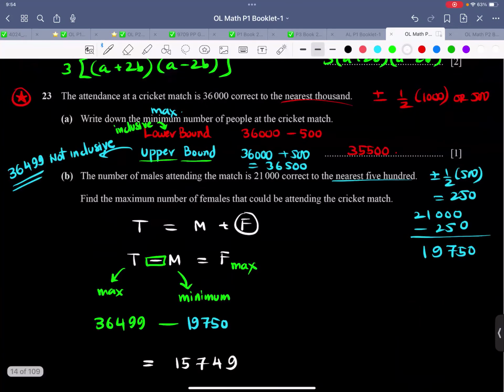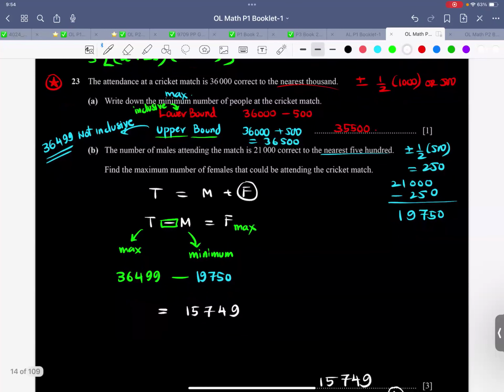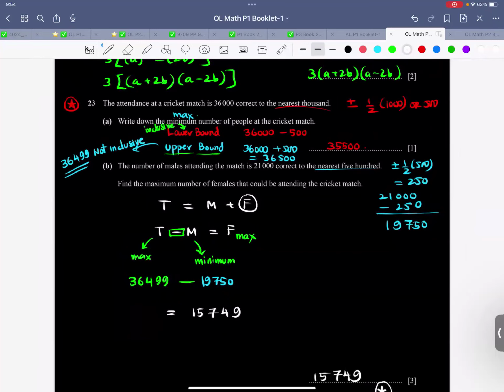So just have a look at it again. I'll just have a look at the screen and go through it. First part was the lower bound. That is 36,000 minus 500. That is 35,500. Upper bound is not inclusive.